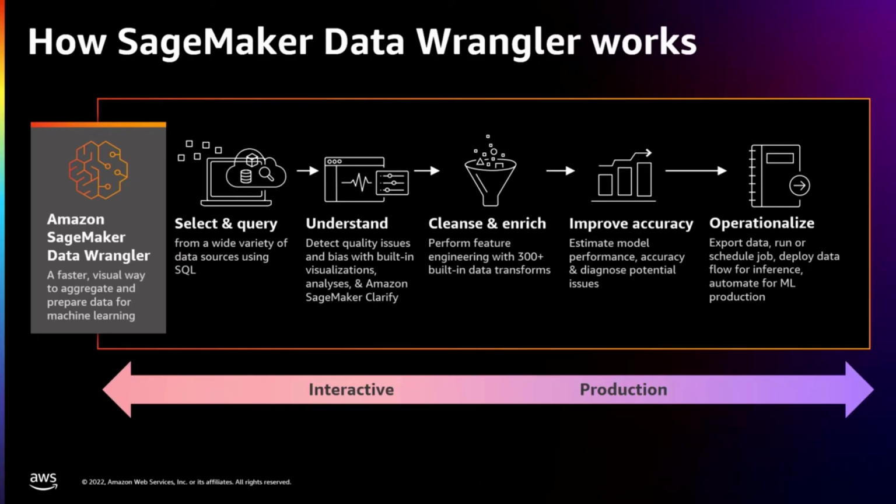You can then quickly understand your data using built-in visualization and analysis templates, and Amazon SageMaker Clarify to help detect bias. Once you identify all the data quality issues, you can then quickly cleanse and enrich data, and then create features with 300 plus built-in transformations.